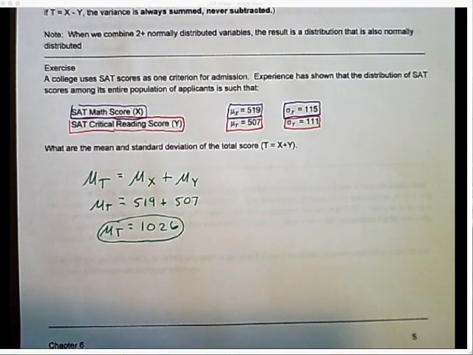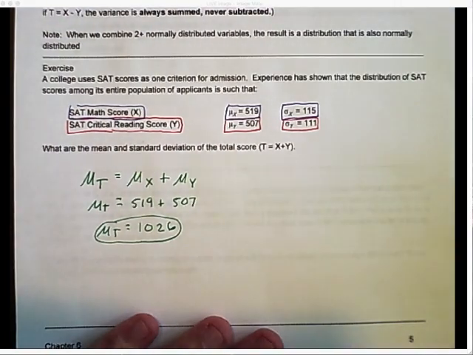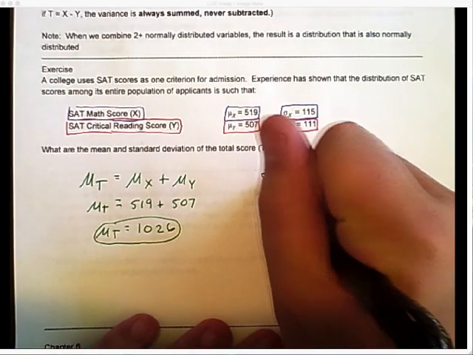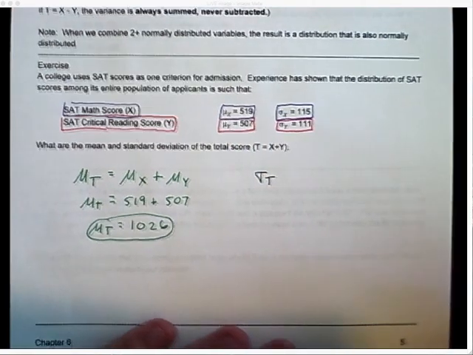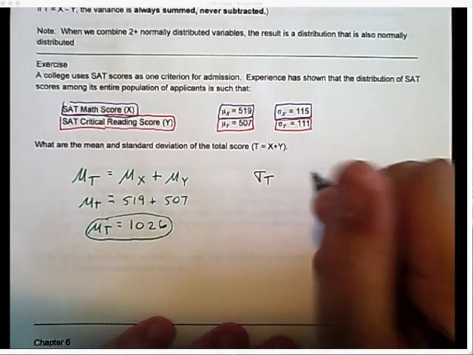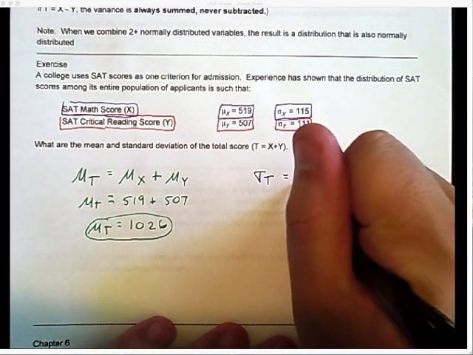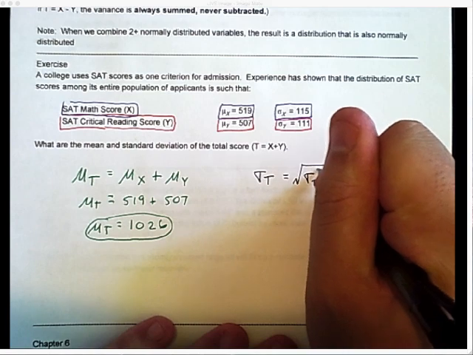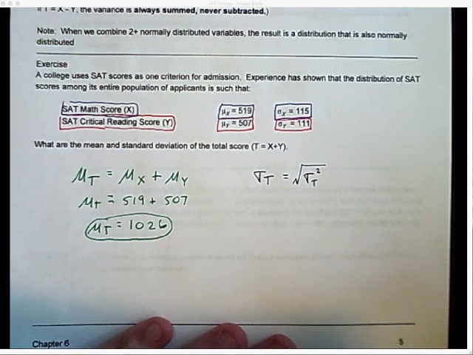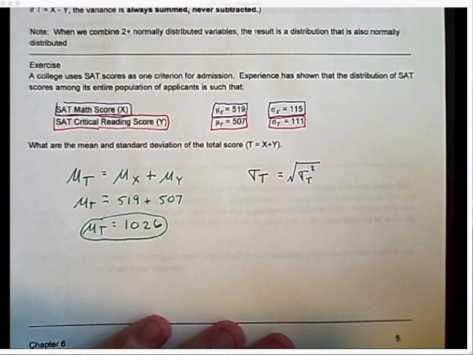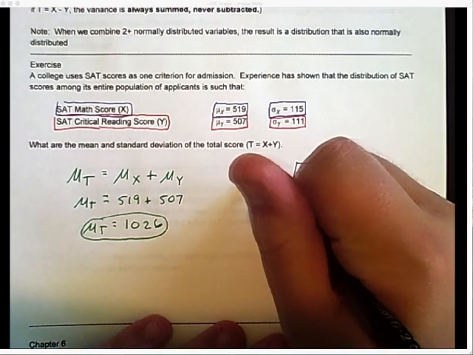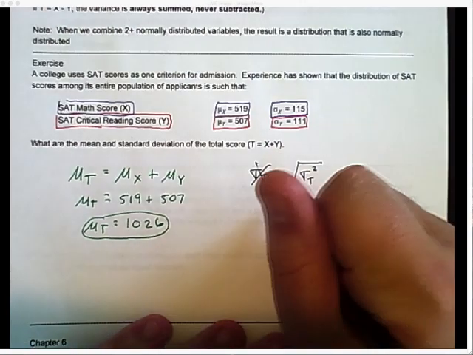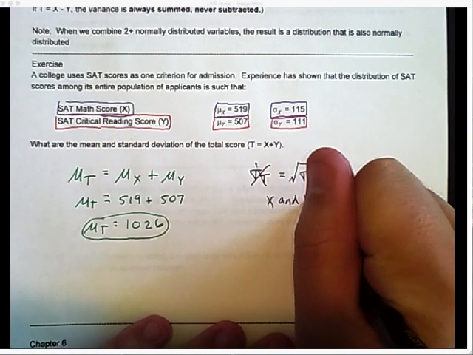Now, to find sigma sub t, we would take the square root of the variance of t. However, we cannot find this. Here's why.